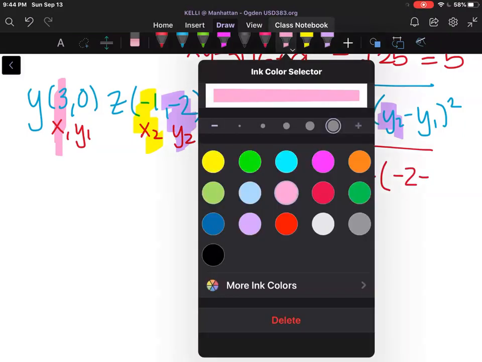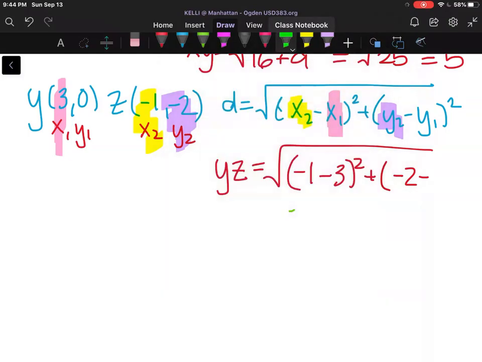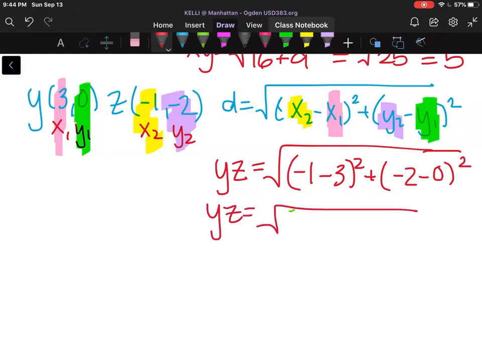Let's go back to green. And we want to minus y1, which is 0. Alright, and that's squared. So now it's just a matter of figuring out what that is. -1 minus 3, we get -4. -2 minus 0, -2.